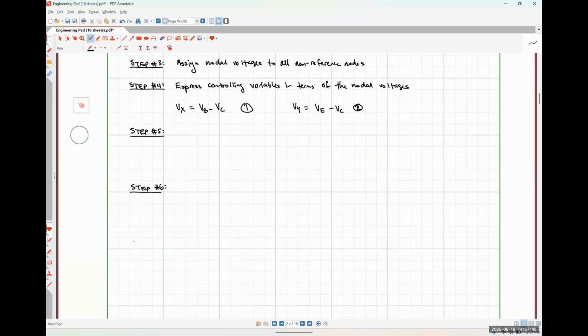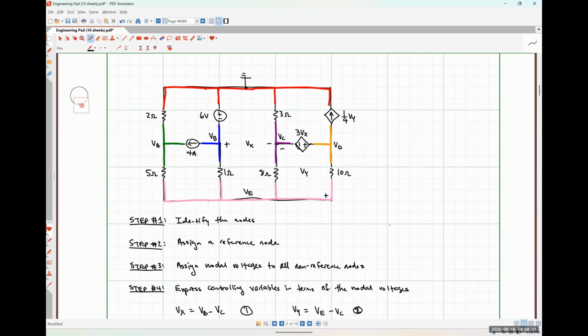And then down here, we'll have step number 7, which is going to be to write KCL equations for all remaining non-reference nodes.